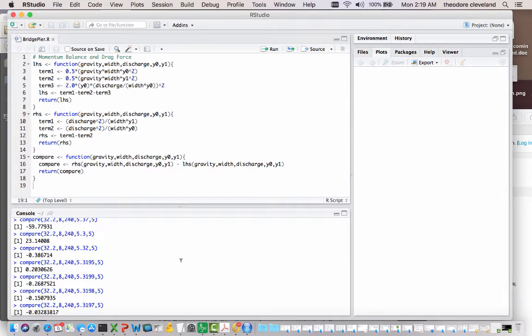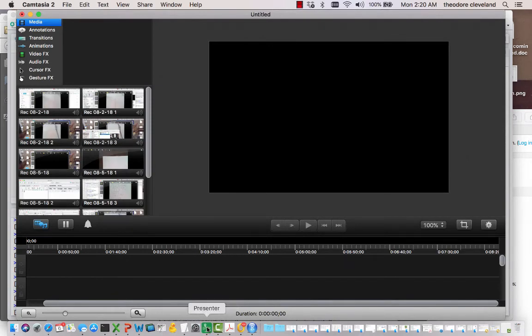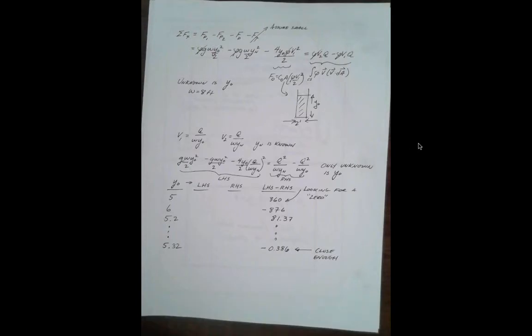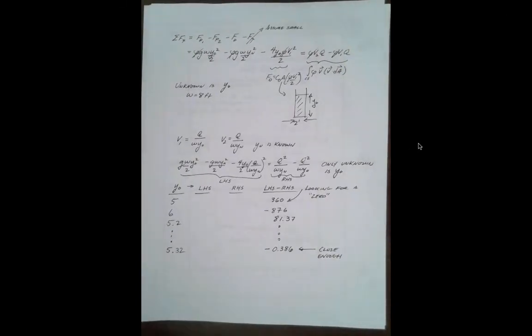We have a minus 0.386, and we're going to call this one close enough. And that was the result of the bridge pier analysis.